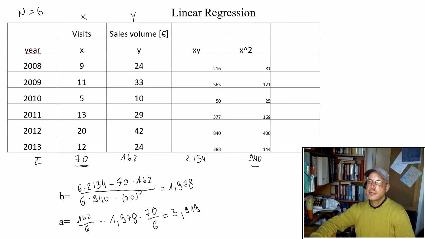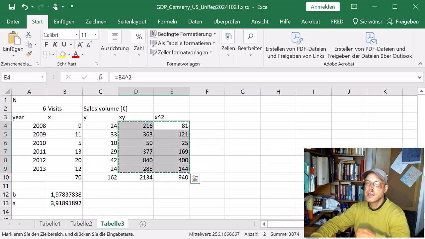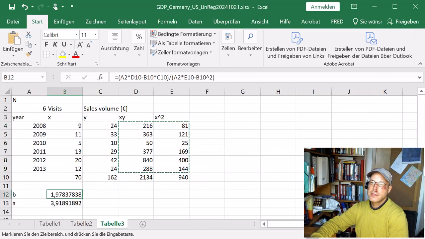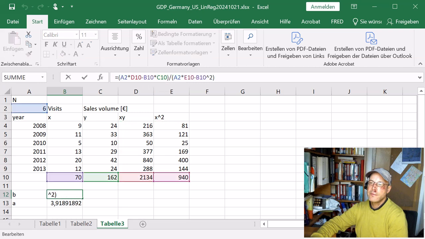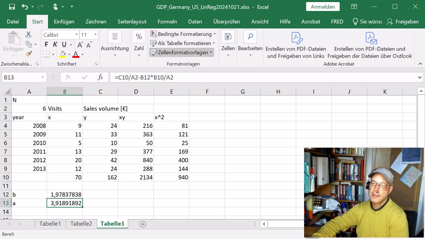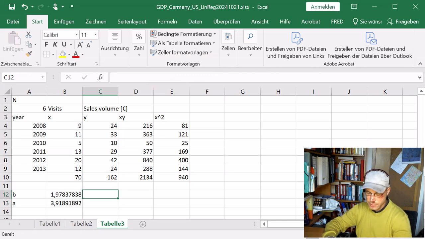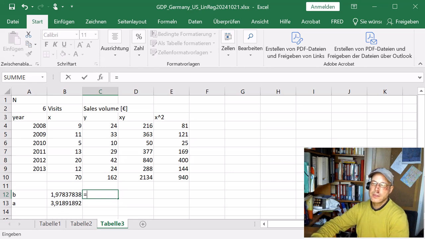Well, of course, we do not always have to type in these lengthy formulas within Excel. We of course have functions behind these formulas, and this I show you too. So B is the slope of our regression line.